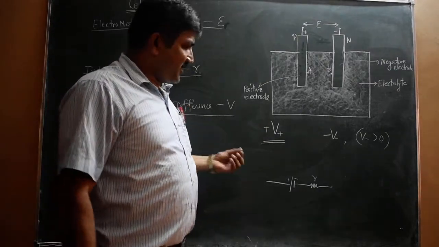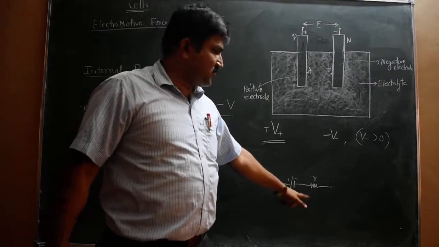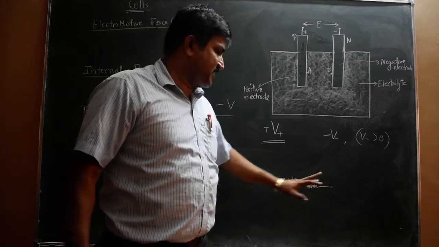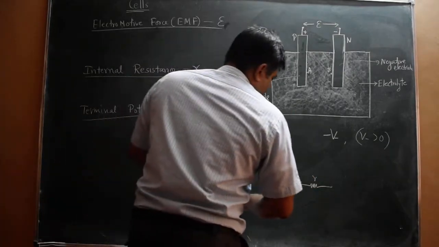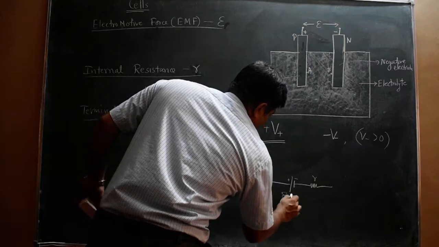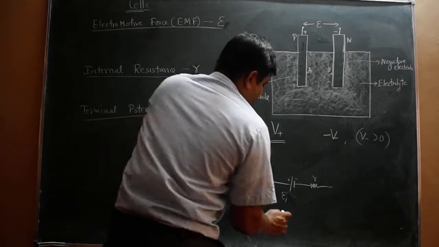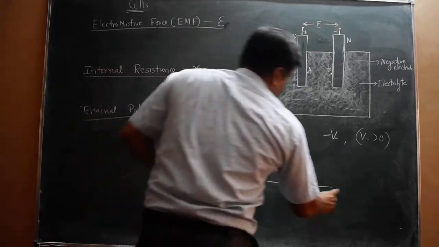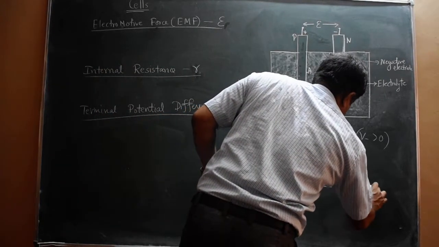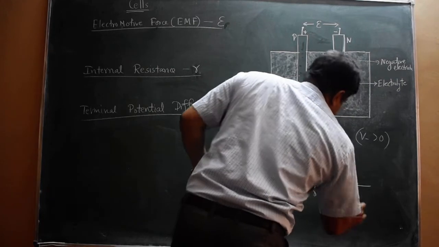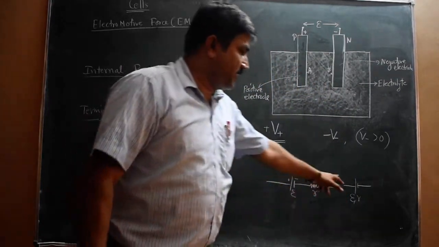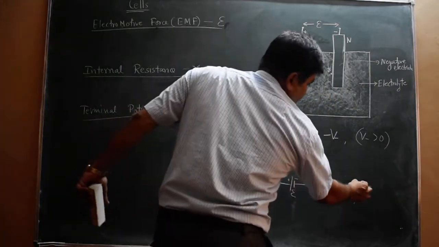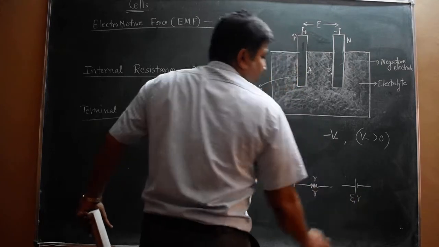In your NCERT textbook, they have not shown the internal resistance part. You can ignore it, or you can write epsilon r like this, or otherwise write epsilon here and the internal resistance r. This representation is also okay. But here I write epsilon and r separated by a comma. That means a cell with EMF epsilon and internal resistance r.